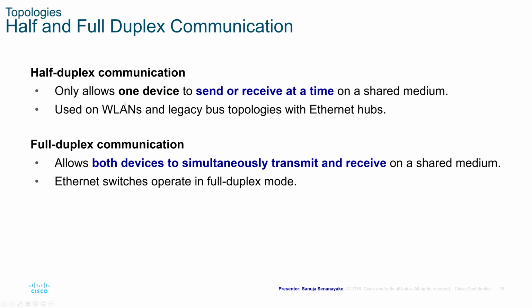So for this course, remember: half duplex, one device sends or receives at a time. Full duplex allows both devices to simultaneously transmit and receive on that shared medium. In my upcoming wireless communication lectures, I'll be talking a lot about how half duplex works. But for now, just remember these two definitions.